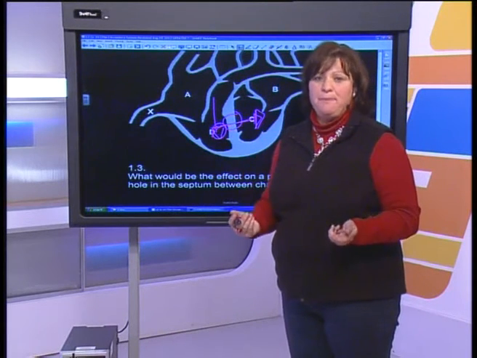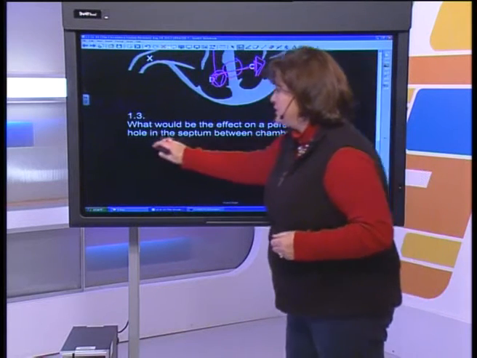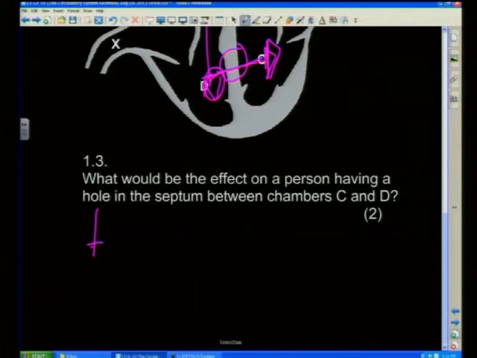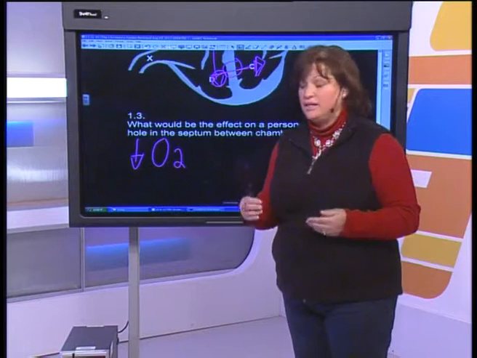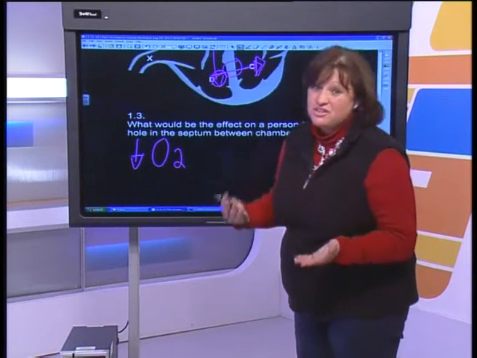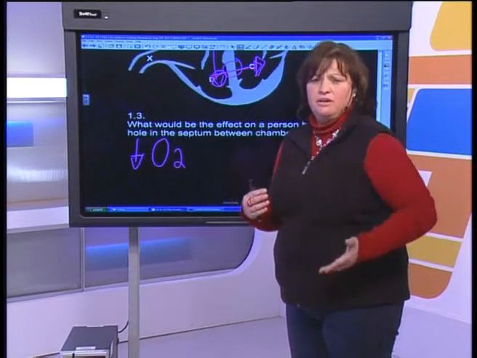So what's going to happen? You're going to have less oxygen. If we have to write the answer down, I'm going to use an arrow here: a decrease in oxygen going through to your body, because it's going to be filled with carbon dioxide. And what happens when you don't have enough oxygen for cellular respiration?